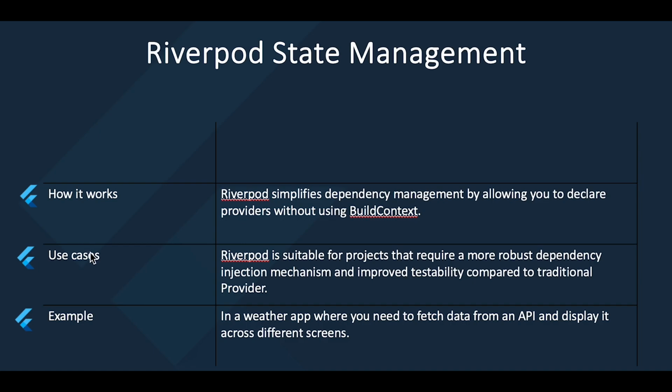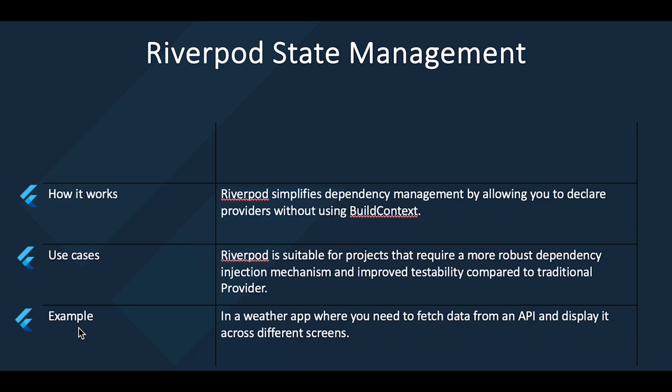Now let's look at the use cases. Riverpod is suitable for projects that require a more robust dependency injection mechanism and improved testability compared to traditional Provider. It's a good choice for medium to large scale applications with complex state management requirements. Let's talk about the example.